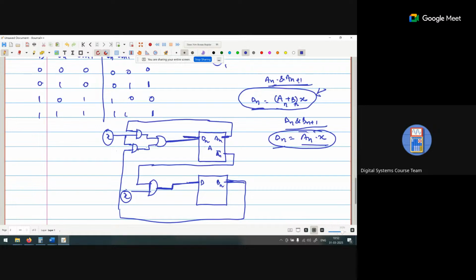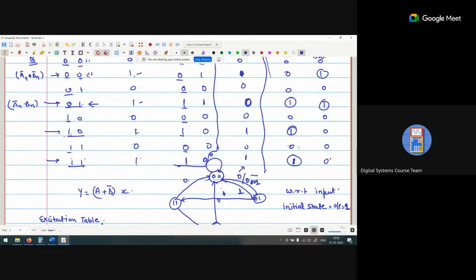Now the same you can implement with the JK also. What will be the changes? What are the changes?